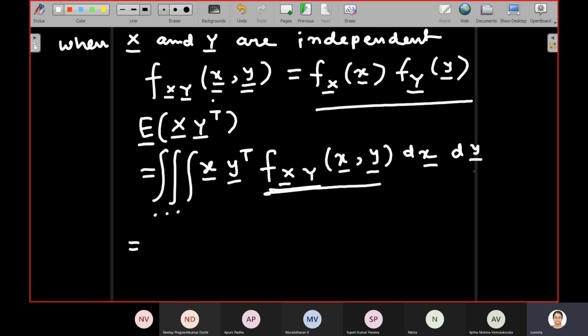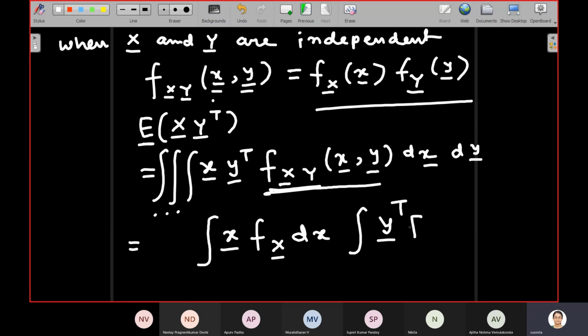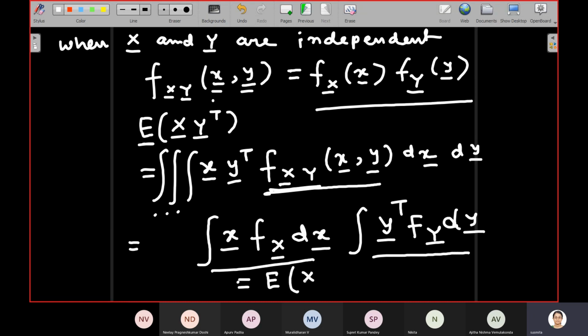So if you write this one, you can group the x and y terms separately. So you can write this. Again, each is a multi-dimensional integration dx, and then similarly you can write this. So this is the expectation of x, this is the expectation of y transpose. So we basically have the product of the expectation of x and the expectation of y transpose, right?